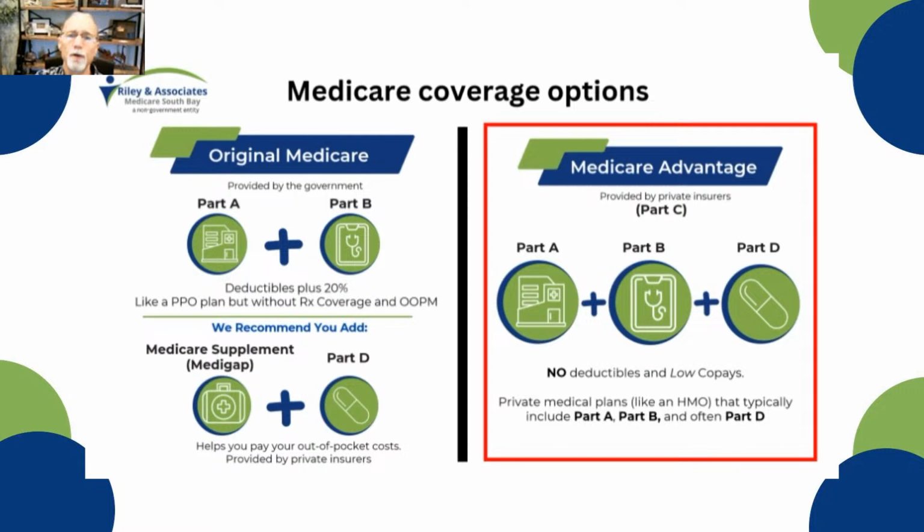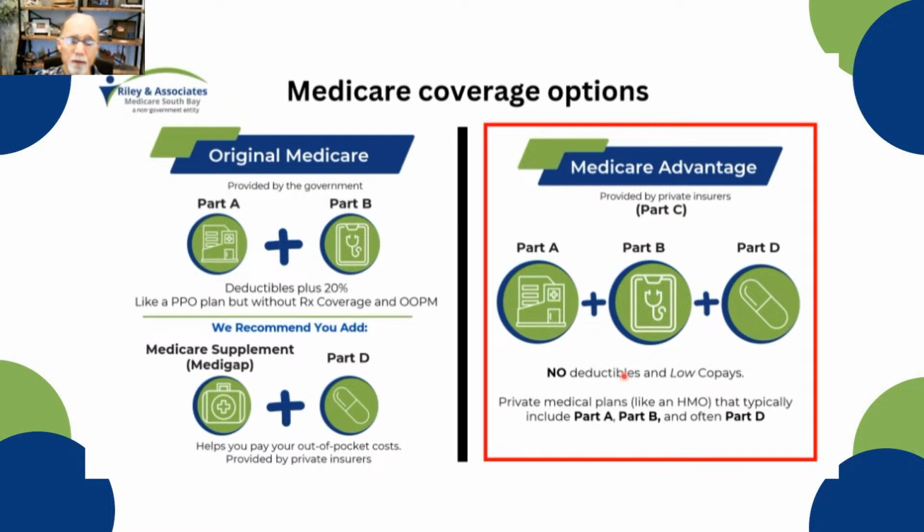So let's move on. So option two is your Part C Advantage plan, which works like an HMO. So with an Advantage plan, you're going to choose, we give you options for different HMOs under Medicare Advantage, and it's going to cover Part A of Medicare, it's going to cover Part B of Medicare, and Part D of Medicare. And it's going to be with an insurance company, just like what you're used to in the past. Generally, you're going to have no deductible, and no premium for most people here in California.